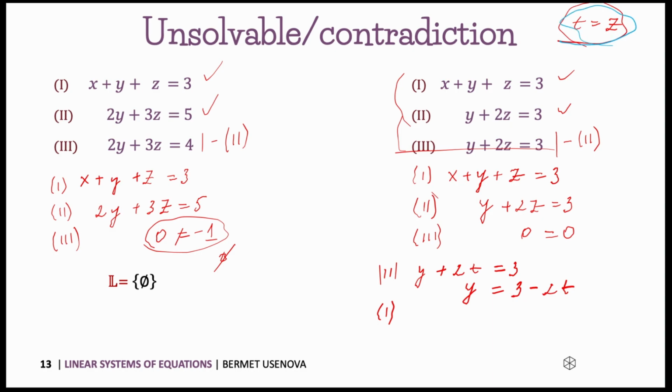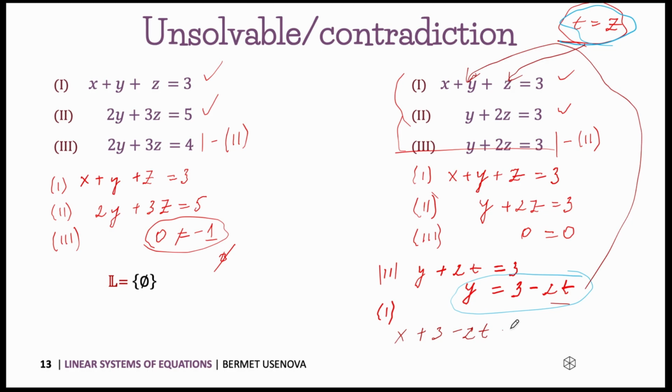So t is equal to z and y is equal to 3 minus 2t. And now we can put it back into the first equation. So it will give us x plus y, which is 3 minus 2t, and z, which is equal to t, plus t equals to 3.